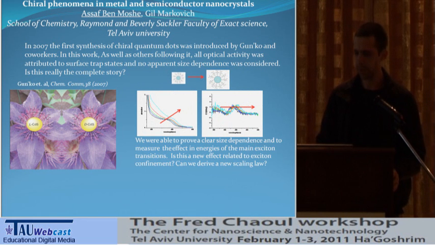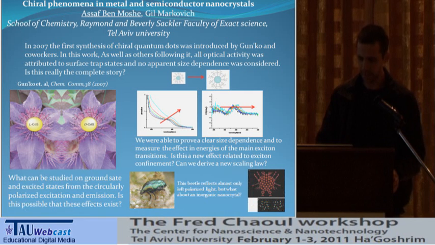We have managed to show that it's both a size-dependent phenomenon and also that we can induce chirality in the main exciton transitions of the dots. We also think that we can derive a scaling law for this phenomenon. So if you want to hear how chirality changes with size, I'll be happy to tell you.